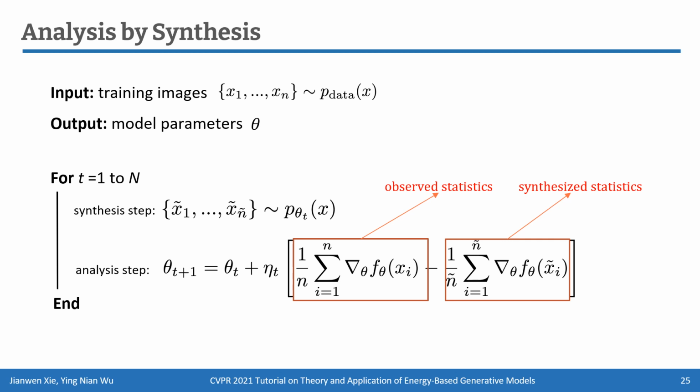The learning algorithm tries to match the synthesized examples to the data in terms of some statistics. Such a learning and sampling algorithm is called the analysis by synthesis algorithm.